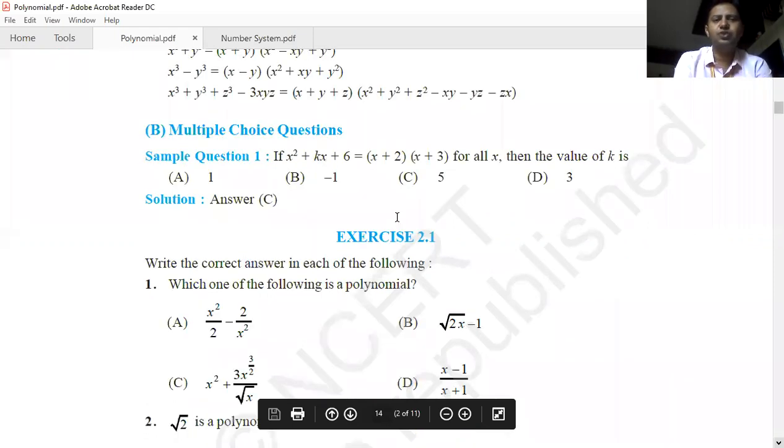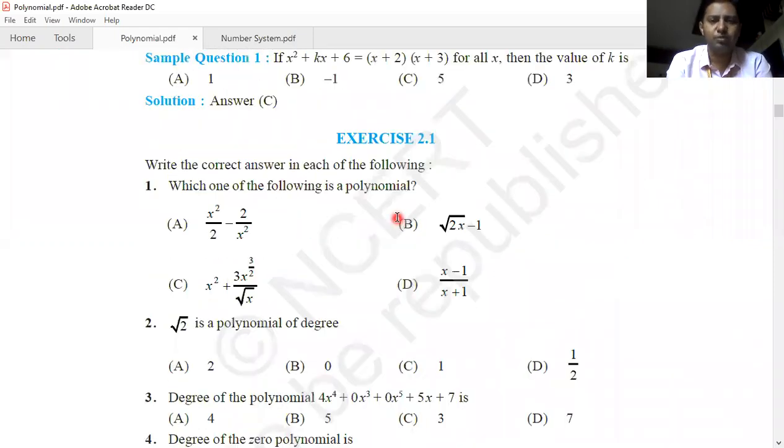The question asks, which one of the following is a polynomial? A, x square by 2 minus 2 by x square is not a polynomial because x square is in the denominator. If I take the denominator to numerator, it will be x to the power minus 2.